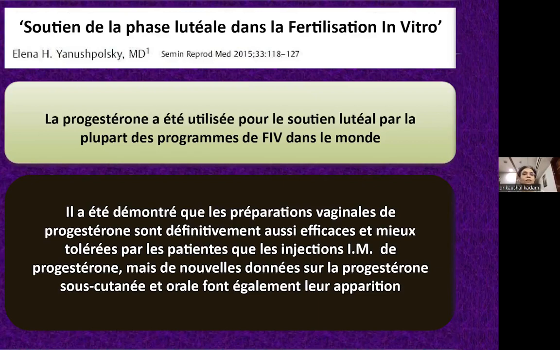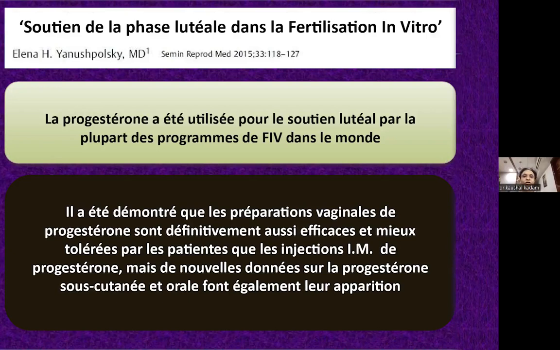So, luteal phase support in IVF. This was a nice paper by Elena in Reproductive Medicine in 2015, where it says that though both progesterone and HCG supplementation resulted in comparable pregnancy rates, the HCG supplementation was associated with higher risk of ovarian hyperstimulation.